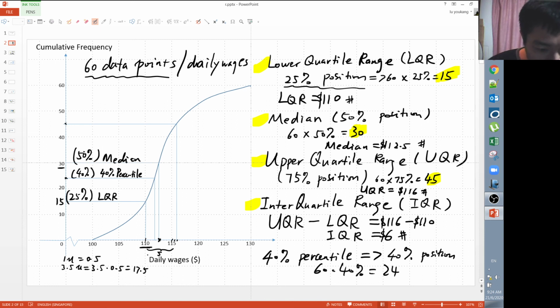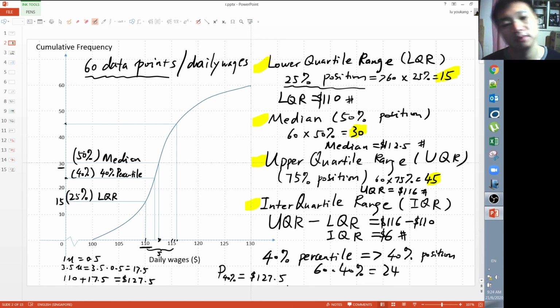Alright, then you just add this to 110. So it's 110 plus 1.75. That gives us 111.75. We're talking about dollars here. Alright, so your 40% percentile you actually write like this. So that will give you your 111.75.